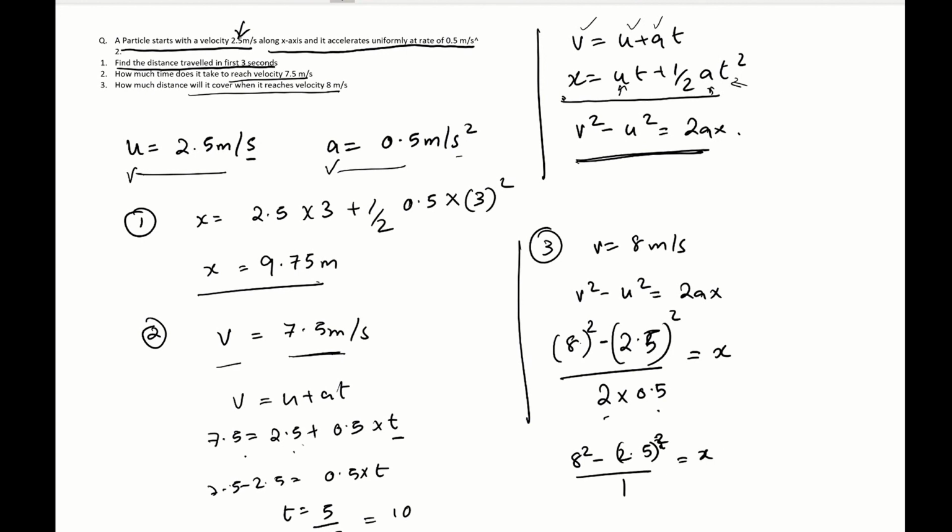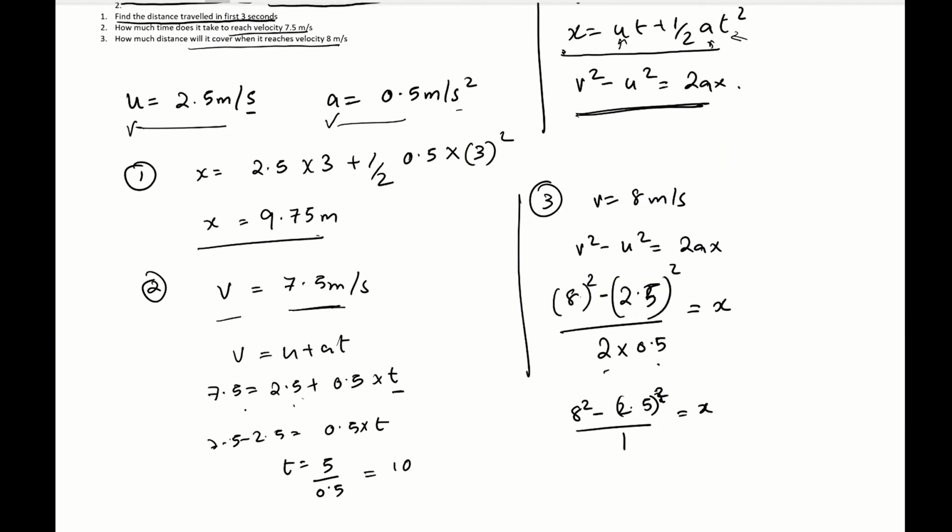I'm going to quickly calculate 8 square minus 2.5 square, which is equal to 57.75. So your x is 57.75 meters. So the distance traveled would be 57.75 meters.